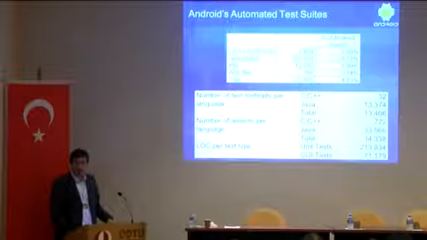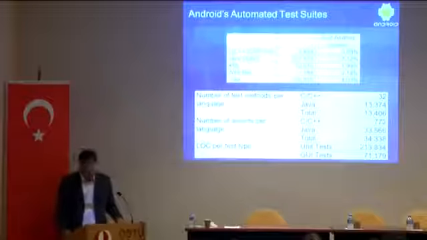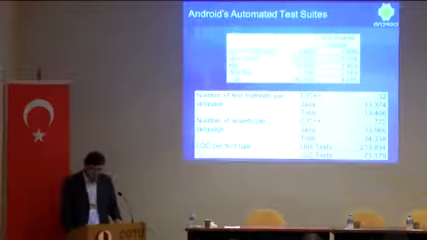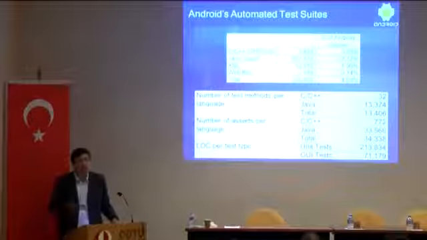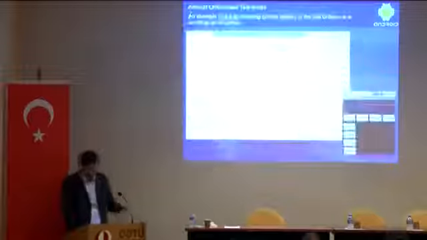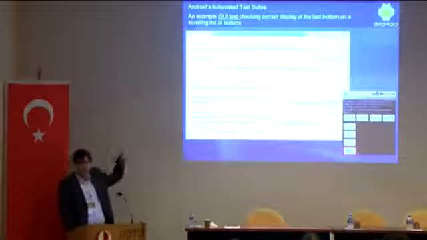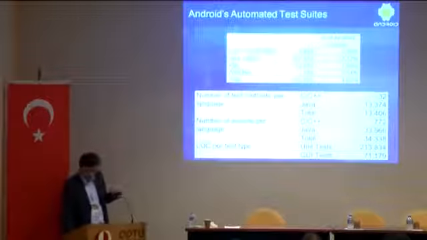In the Java language, there were about 357,000 lines of JUnit test code, which was about the number of test methods. About 13,000 JUnit methods were written. For example, this was one of them. So there were 13,000 of this kind of tests.